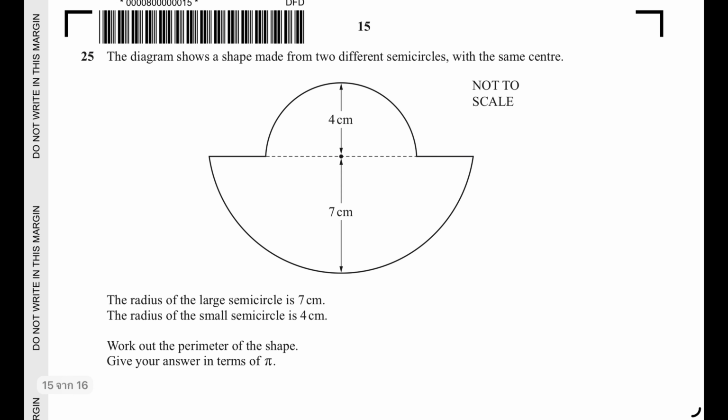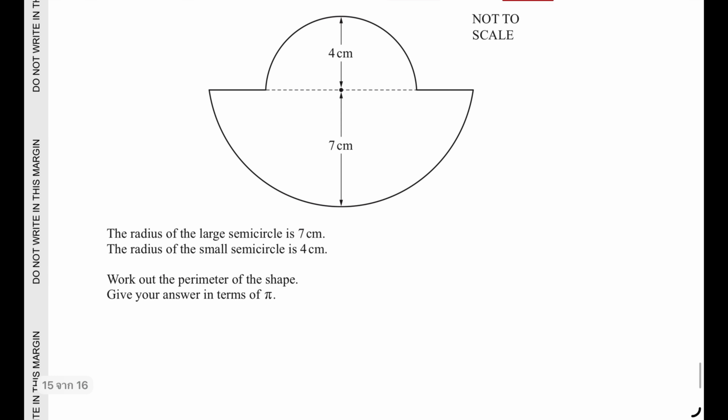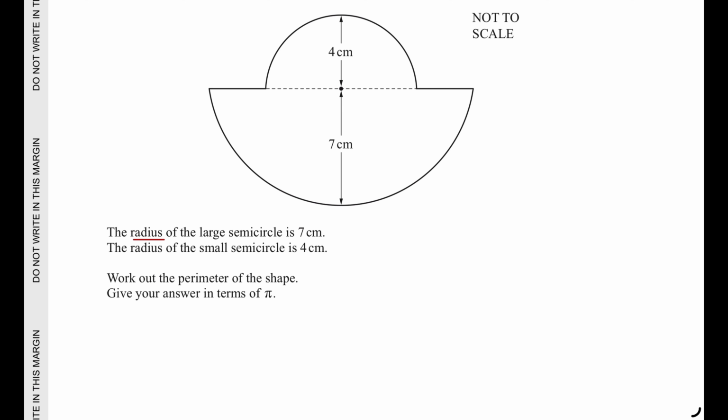Question 25. The diagram shows a shape made from two different semicircles with the same center. The radius of the large semicircle is 7 cm and the radius of the small semicircle is 4 cm. Work out the perimeter of the shape. Give your answer in terms of pi.